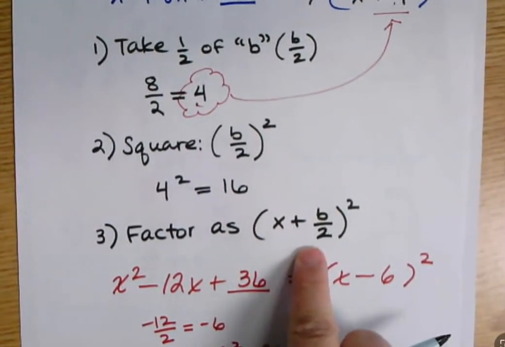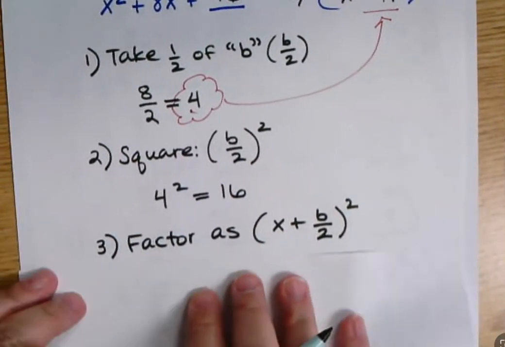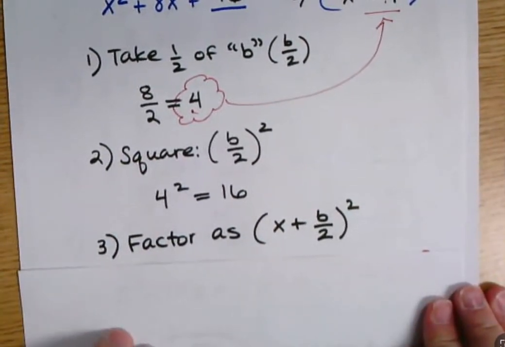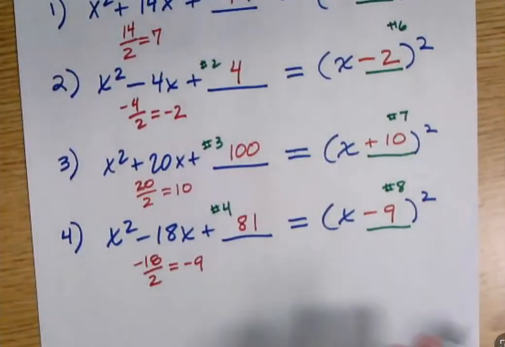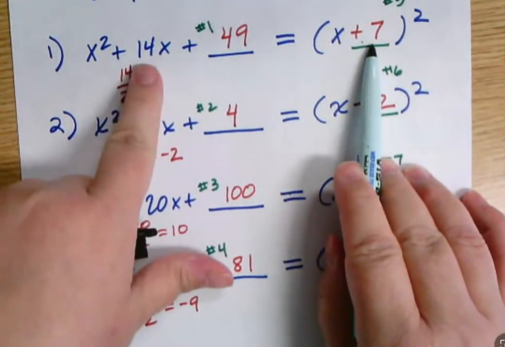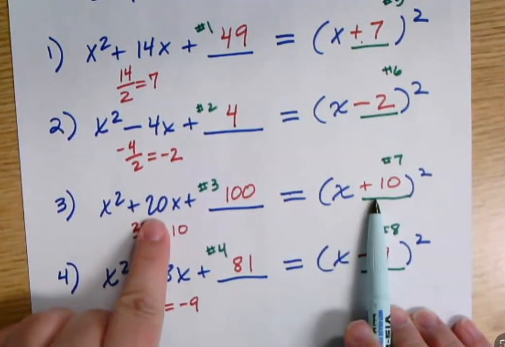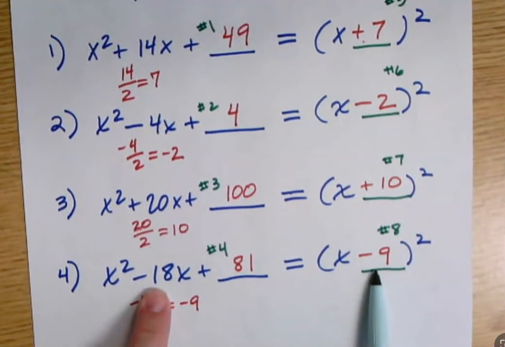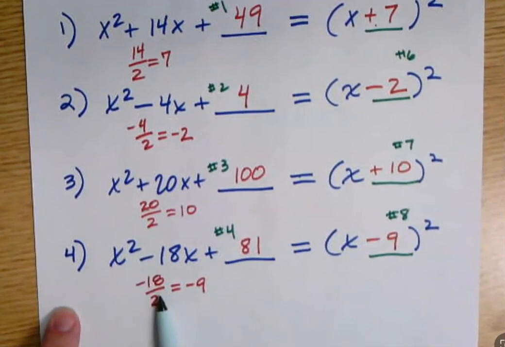In other words, this is a generic way of saying that what goes in the parentheses here is always half of b. That's always my half of b. And another way of saying half of b is b over 2. That's why I keep writing it like that.